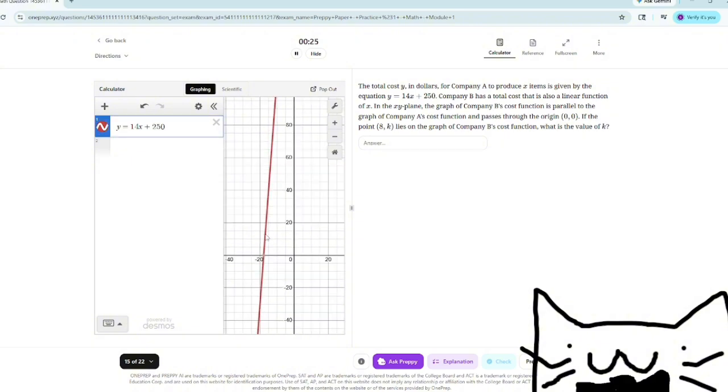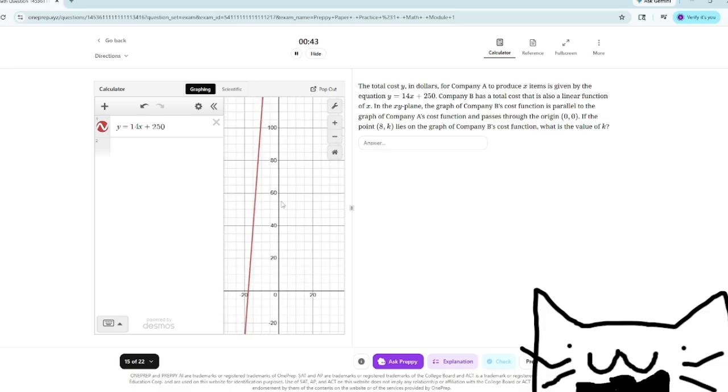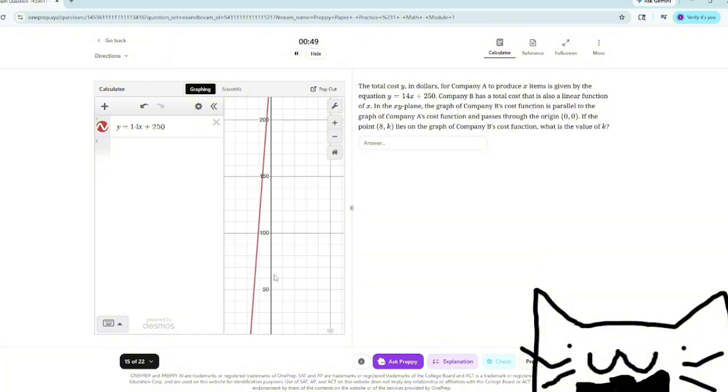Alright, this is crazy. 250. And company B has total cost that is also a linear function of x. The graph of company B's function is parallel to this and passes through the origin.